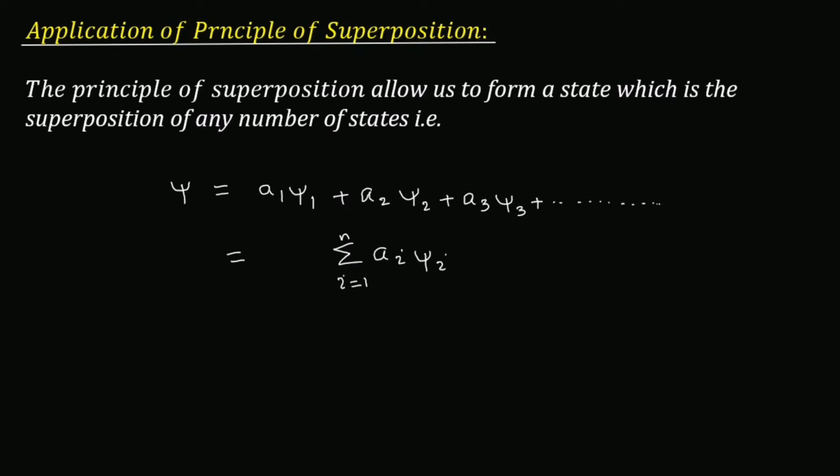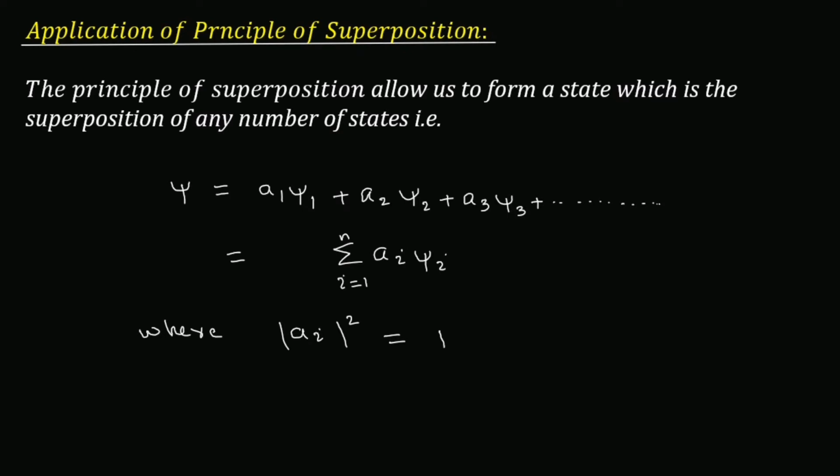And remember that over here, by the principle of superposition, ai mod square, the absolute square, corresponds to the probability of finding a particle in the state represented by psi i.